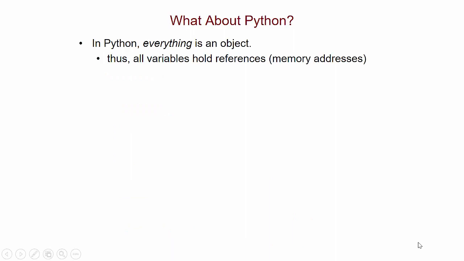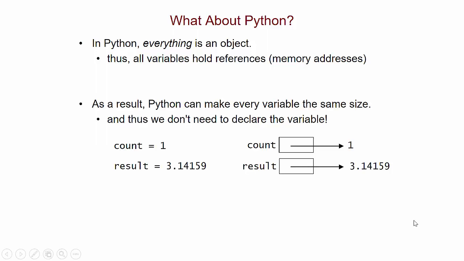Now in Python, everything's an object, and therefore all variables are the same size because they're all holding memory addresses, references. And therefore we don't need to declare the variable because every variable is the same size. Whether it's an int or whether it's a double, or a float, which is what the term is in Python, they're all going to be the same size because what's really in there is not the value itself, but the memory address of the value.